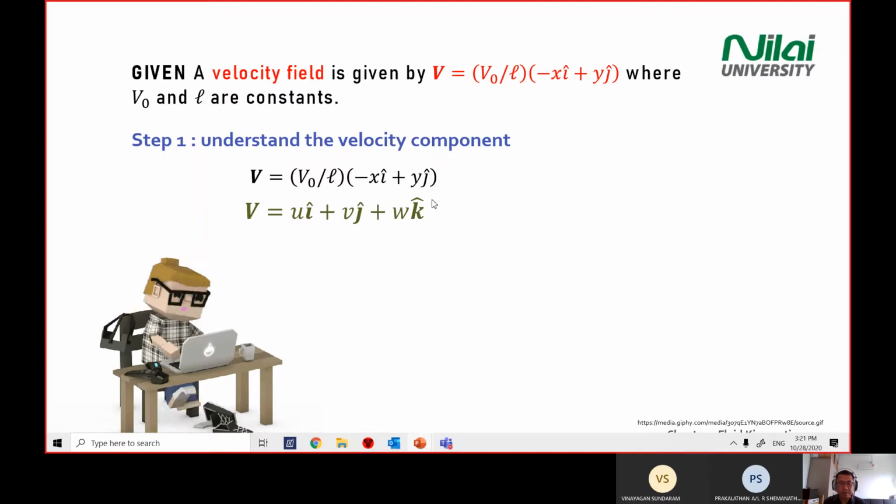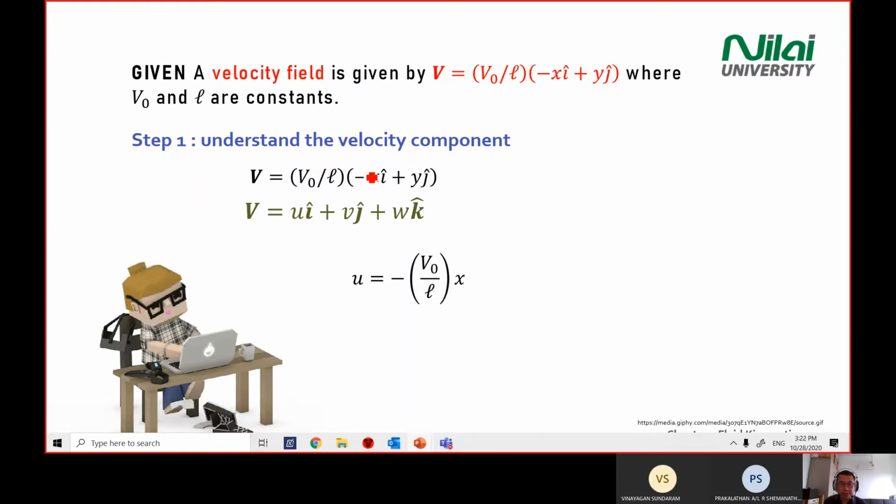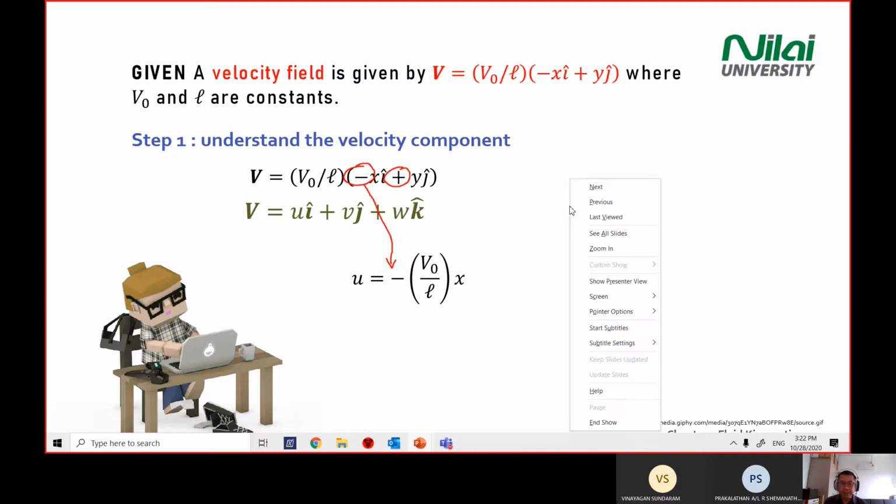Just to give you a highlight, so you know. So automatically you can compare both equations. So you know that U is equal to negative X times V0 divided by L. So be careful with all these signs. Be careful in the exam, positive and negative. So remember to carry the negative sign when you derive or when you solve problems.